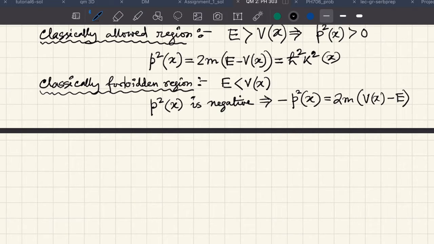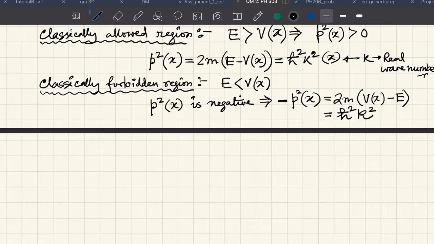And if you follow the notation of Griffiths, then this is ħ² κ². So k in this equation was the real wave number, which of course is position dependent. And here this quantity kappa is also real because we have chosen this p² with a minus sign, but let us differentiate between this k and kappa.